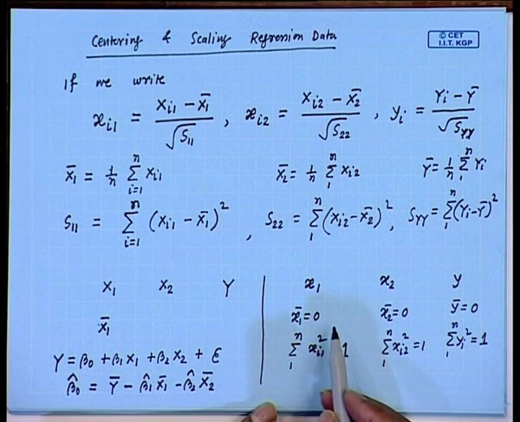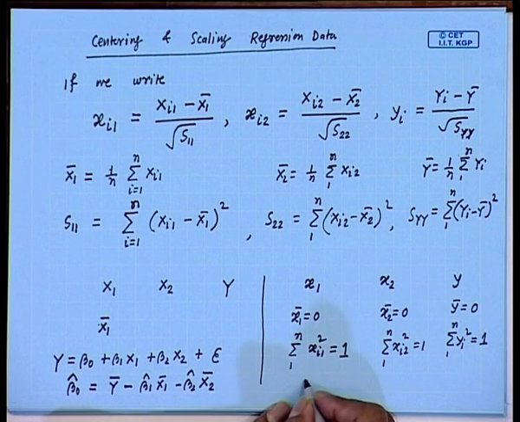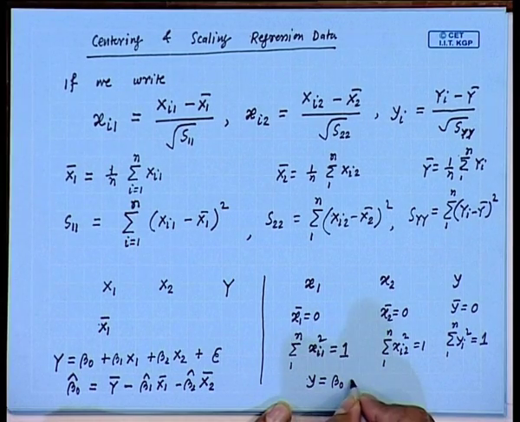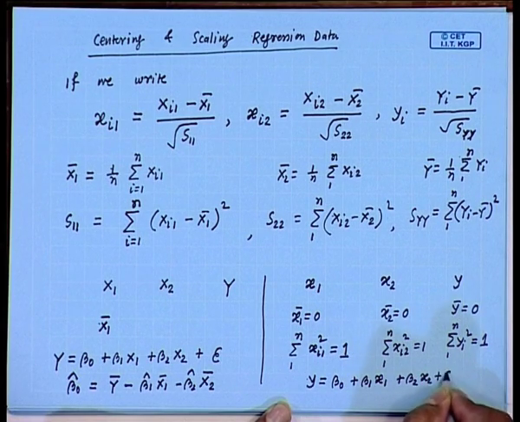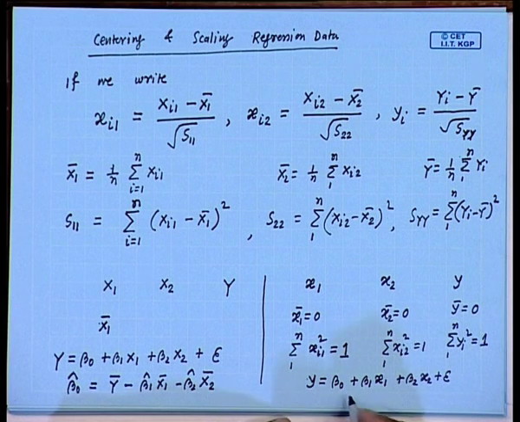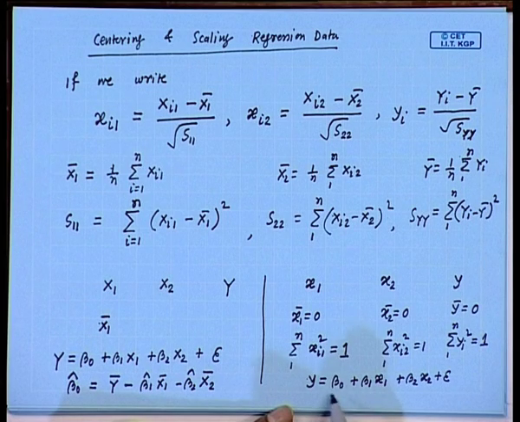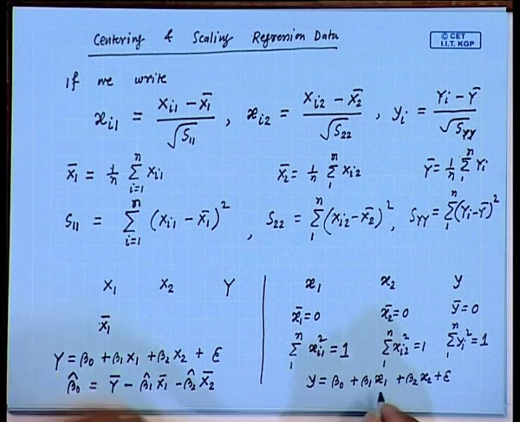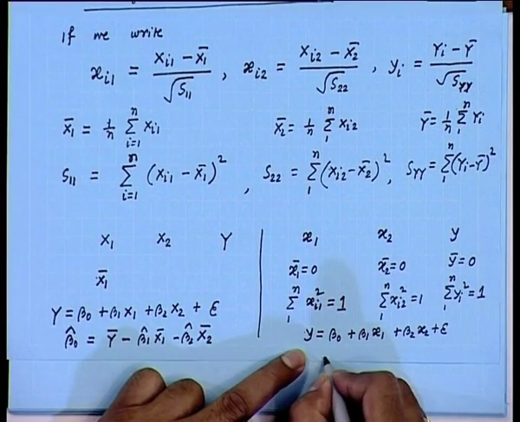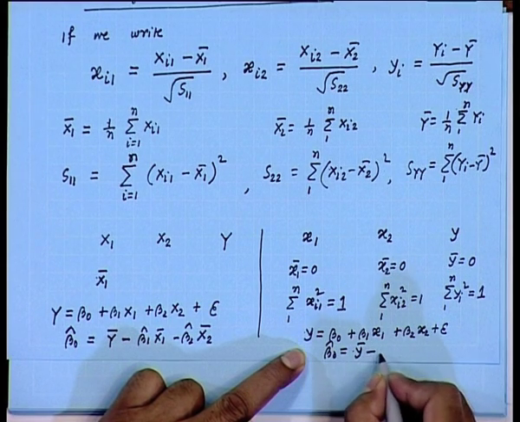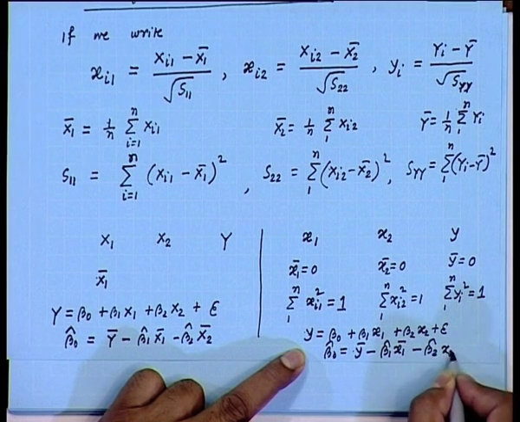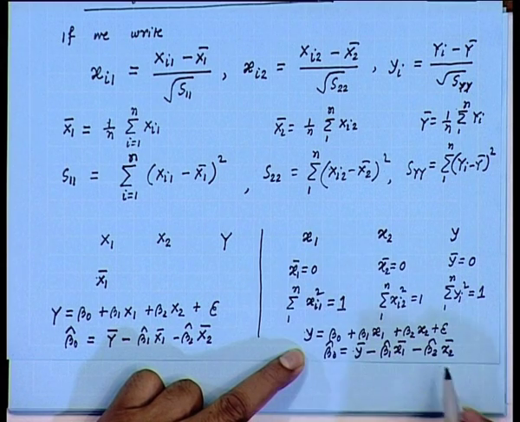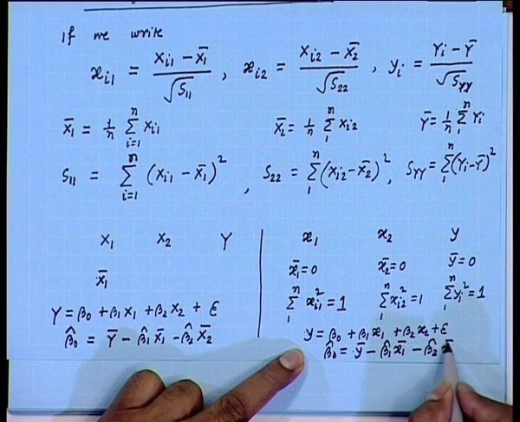But if you fit the same model, y equal to beta naught plus beta 1 x1 plus beta 2 x2 plus epsilon, for the transformed data, then it is not difficult to check that beta naught hat is going to be 0 here, because beta naught hat is equal to y bar minus beta 1 hat x1 bar minus beta 2 hat x2 bar, but y bar is equal to 0, x1 bar is equal to 0 and x2 bar is also equal to 0.